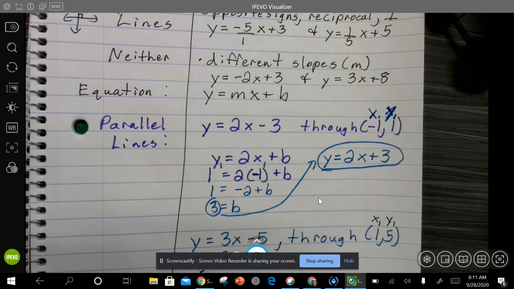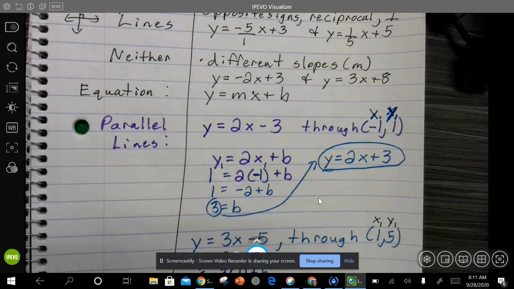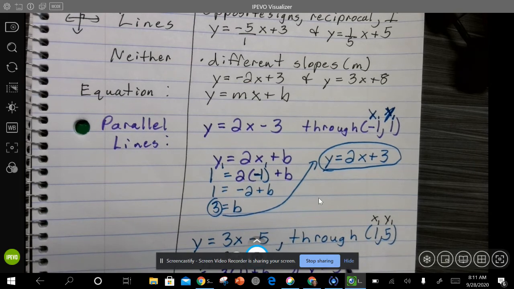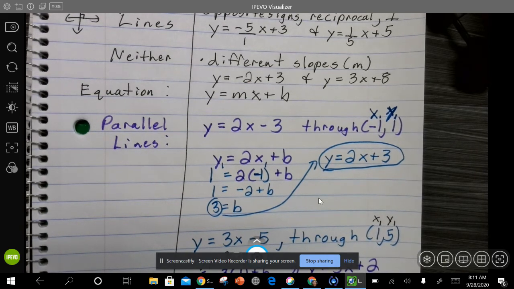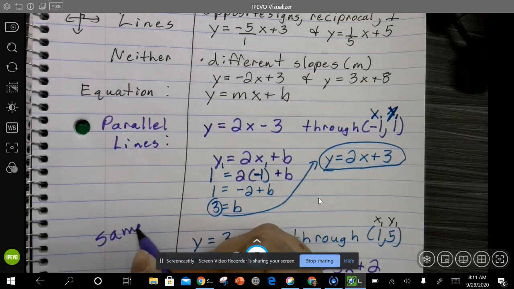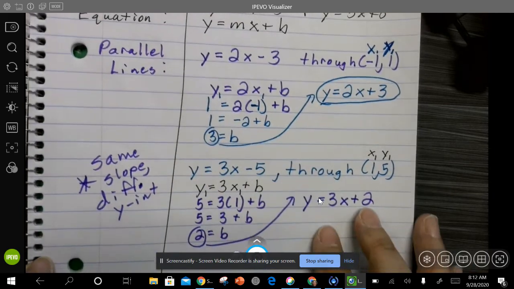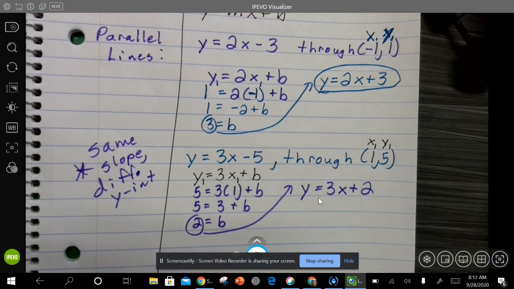So 5 is equal to 3 times 1 plus b. 3 times 1 is 3. 5 minus 3 is 2. So our b value is 2. So we get y is equal to 3x plus 2. Parallel lines, same slope, different y-intercepts.